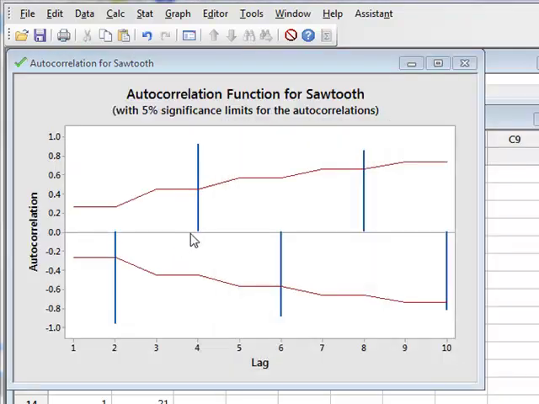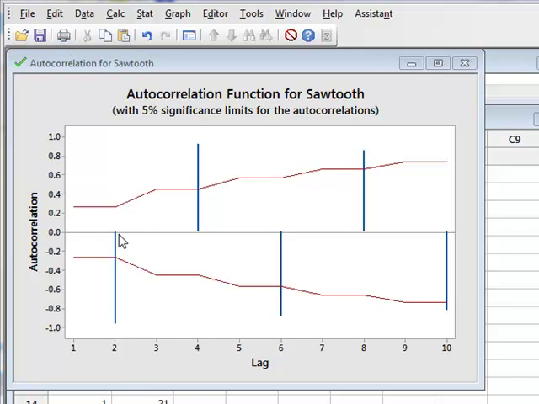In this output, the autocorrelation function shows strong positive correlation after 4 lags, which represents one complete period of the sawtooth waveform. And then it shows another positive correlation after 8 lag periods, which is equivalent to exactly 2 periods in the sawtooth waveform.